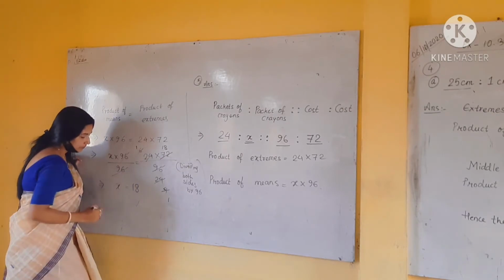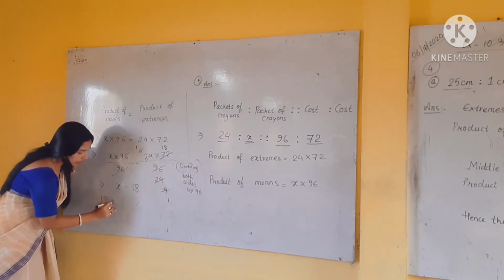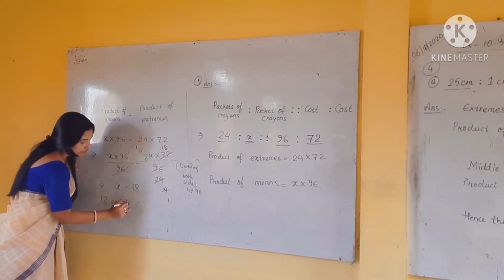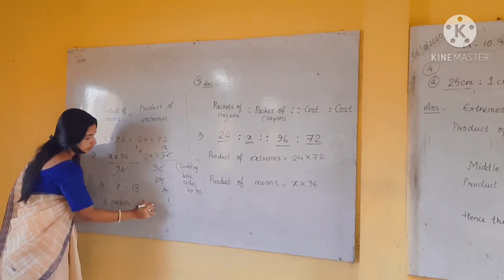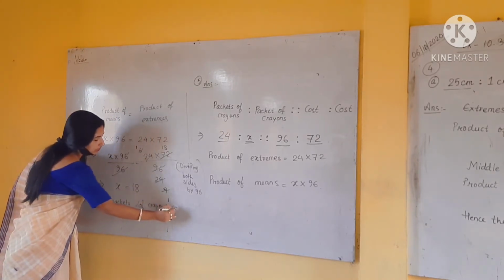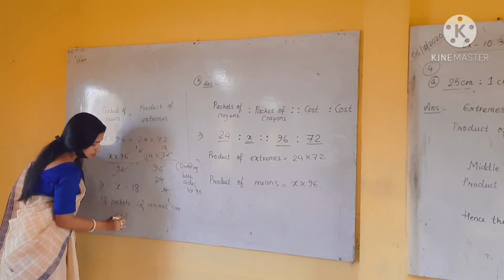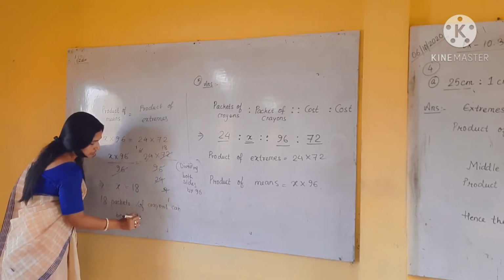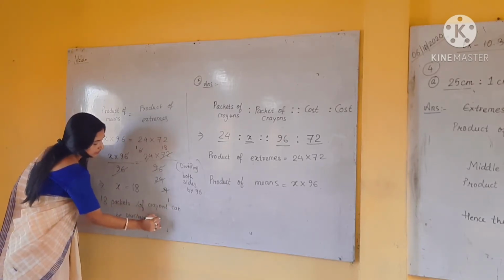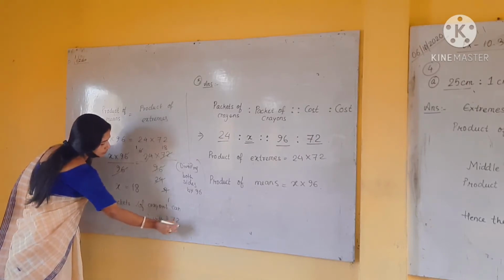So 18. That means 18 packets of crayon can be purchased with rupees 72.